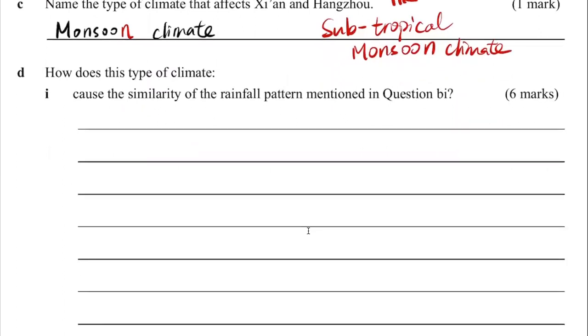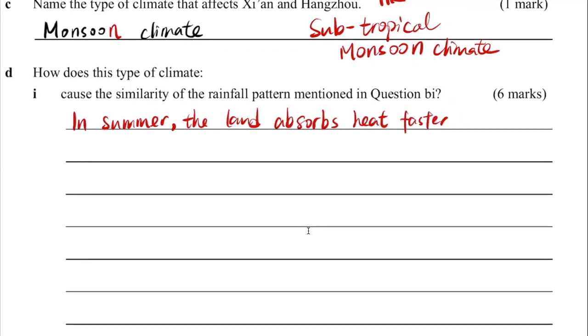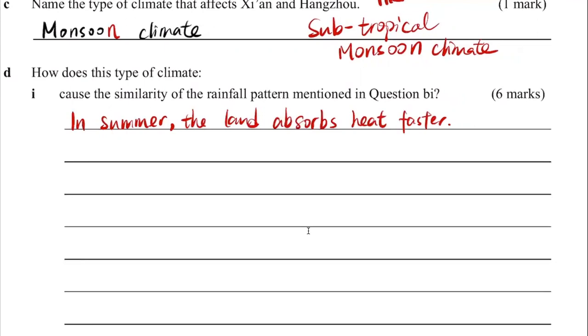So I should write: in summer, the land absorbs heat faster. As a result, the land will be heated faster and will be of higher temperature.